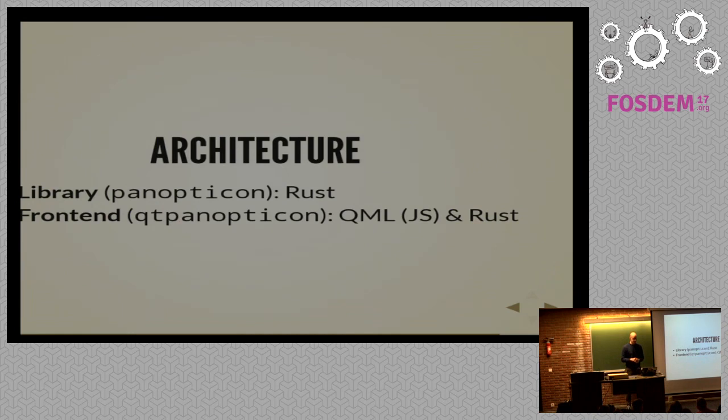I started Rust 1.5 years ago, and it took me 3 months or so to understand it in a way that I can program tools like that. So it isn't that complicated. We also have the graphical front end, which is a bit of Rust to interact with the library. And on top of that, it's QML. That's some kind of JavaScript derivative that's used by Qt to implement widgets.